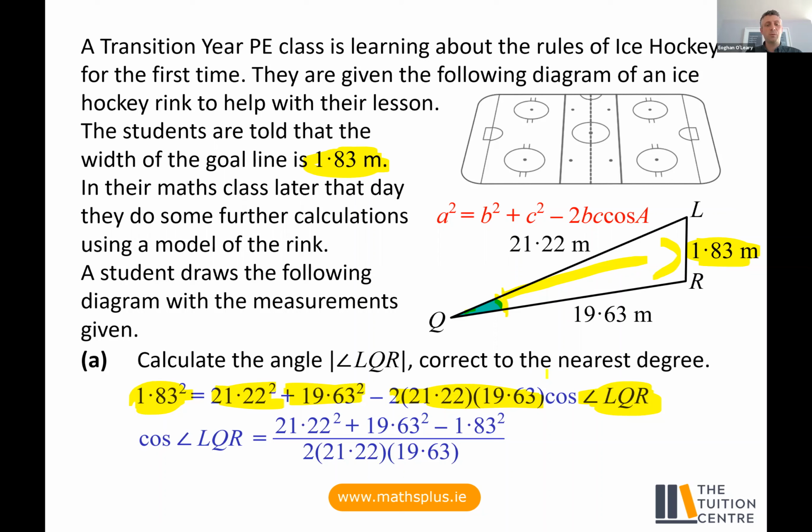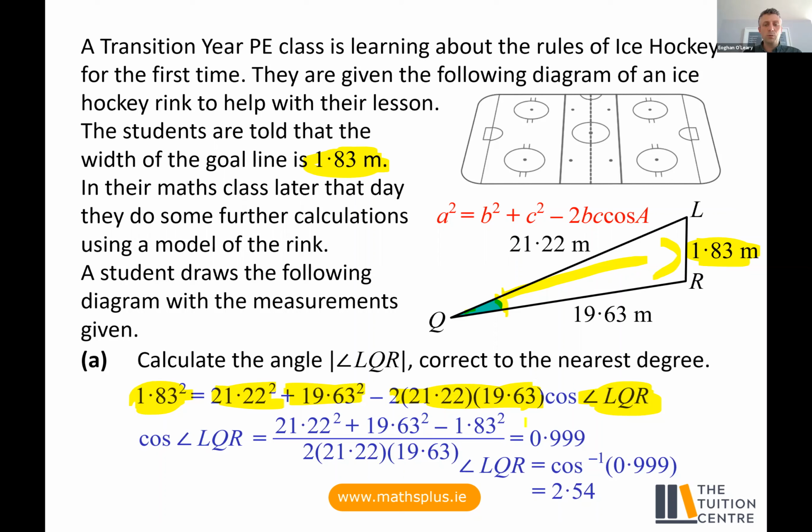So 2 times 21.22 times 19.63, cosine LQR. And you'll have gotten as far as here. When you type all that into the calculator, you're going to get 0.999. You're going to get the inverse cos of that number, 0.999, and you're going to get an angle of 2.54.